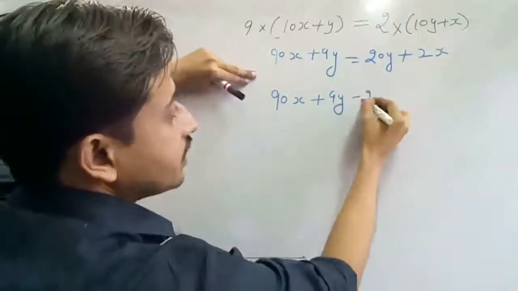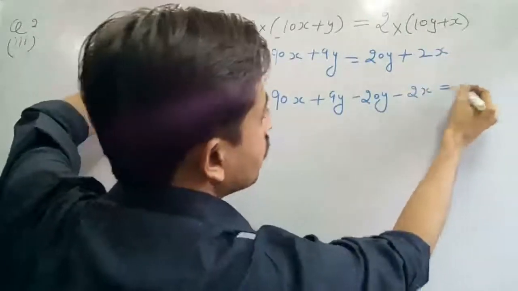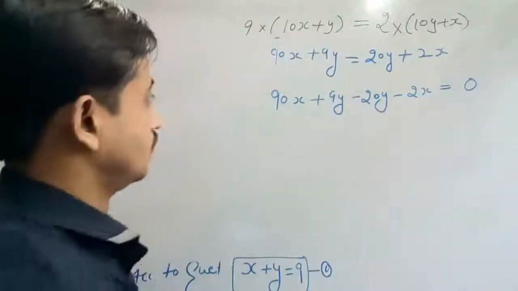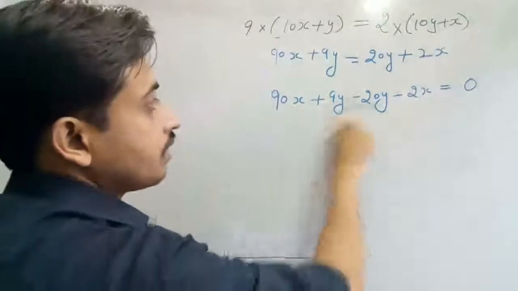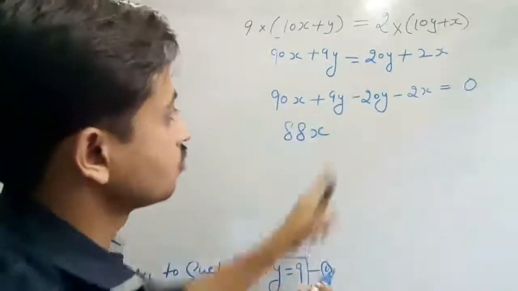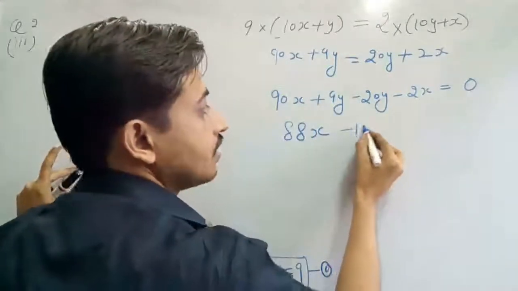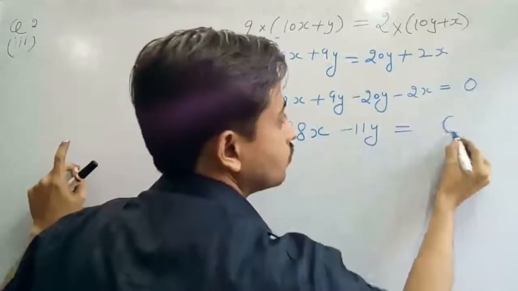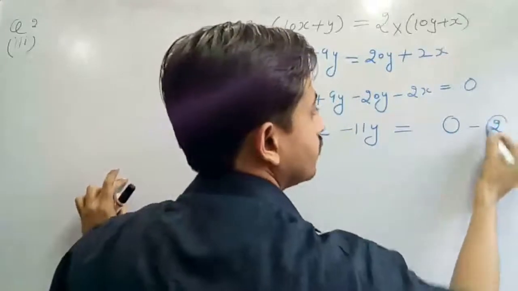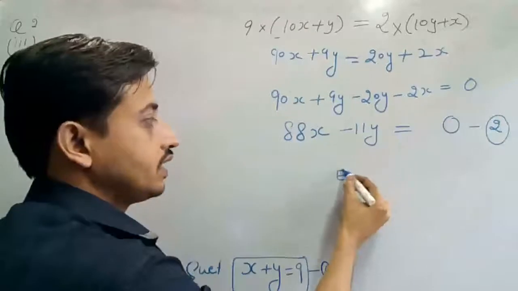This 20y becomes negative 20y, and this 2x becomes negative 2x. So all terms on one side, then it becomes 0. 90x minus 2x we get 88x. 9y minus 20y we get minus 11y, equal to 0. This is our second equation. Suppose we use the elimination method.